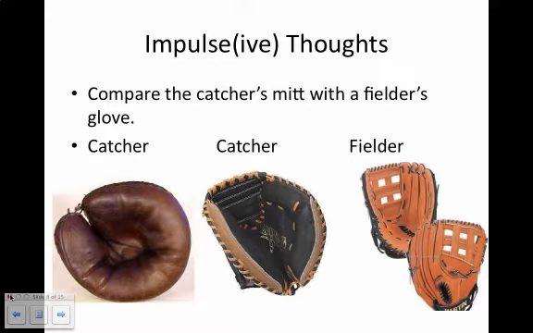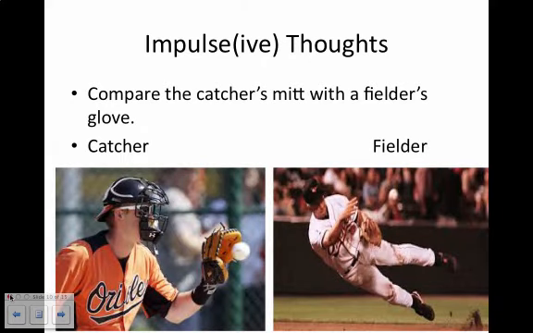Try to think of some words that you could use to describe either of these baseball gloves. If you wanted to see these gloves in action, on the left we have a catcher with his mitt, and on the right we have a fielder with his mitt. Analyze the pictures closely, see what you can determine from the two.